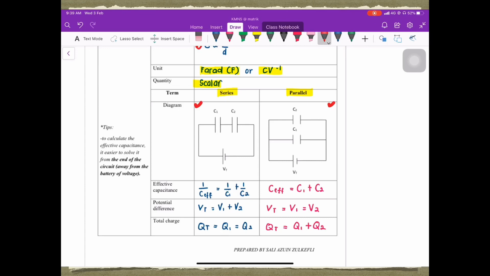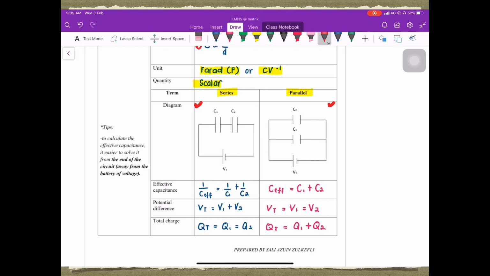Now, how can we identify whether the arrangement of the capacitors is series or parallel? The simple way to identify either series or parallel is by looking at the diagram.